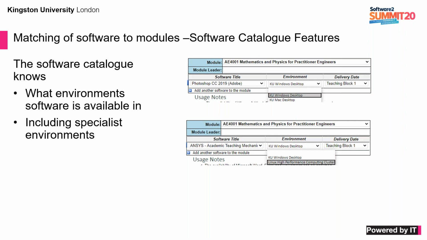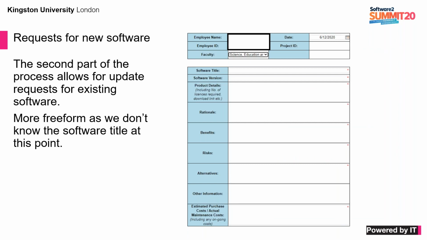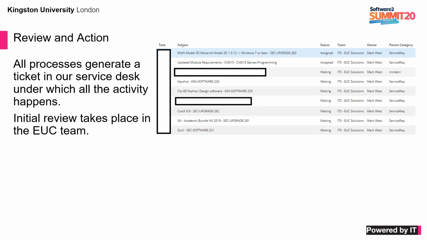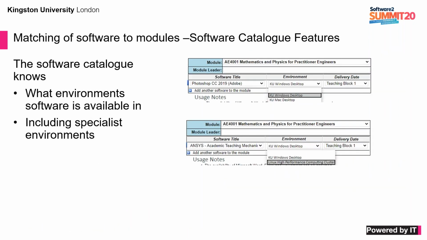Now, if it's a new application, let's say, for example, we get a new application request, and it's something that's only used on Chromebooks. Well, we don't have any Chromebooks as an organisation, so that's where we will involve our academic software assurance group.